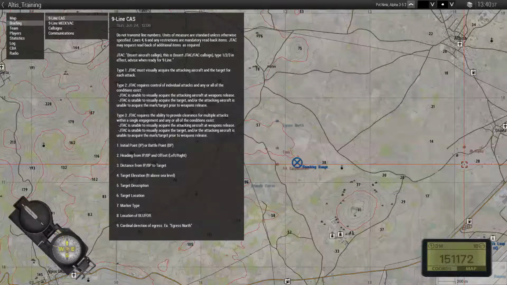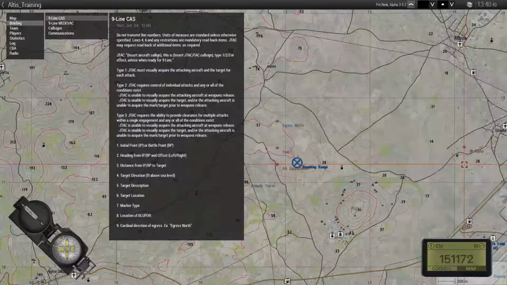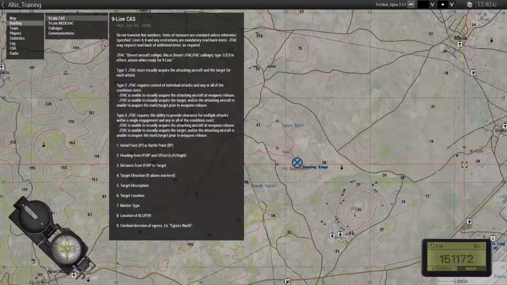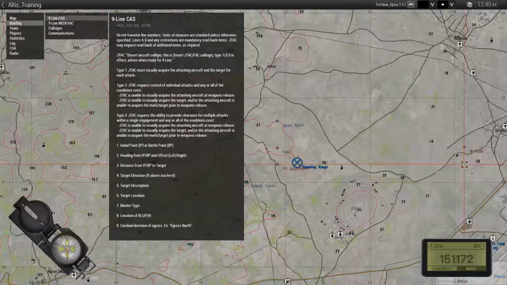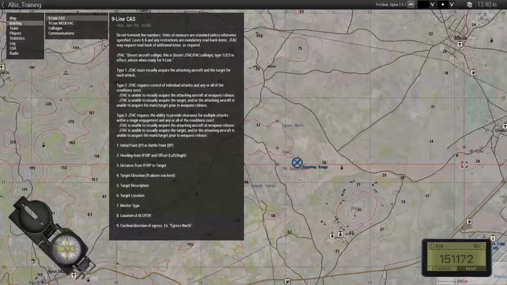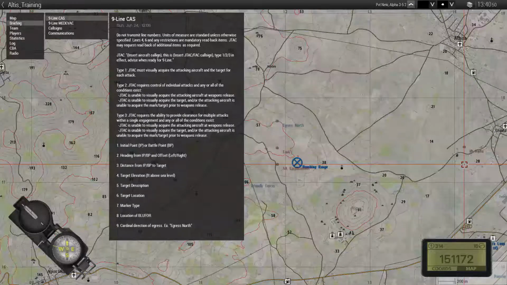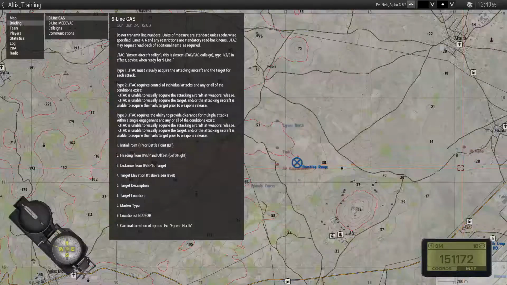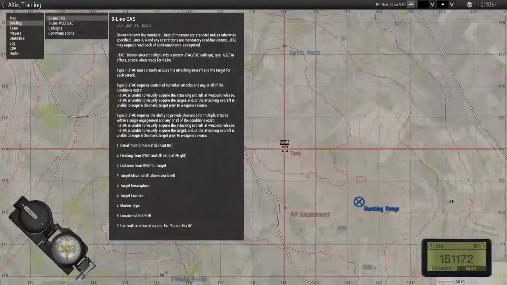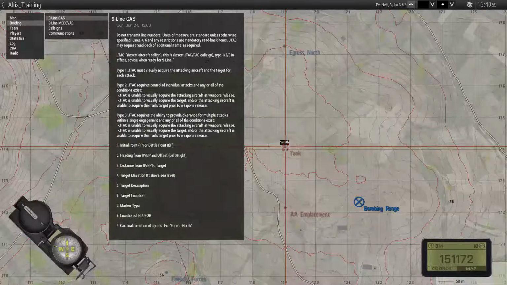You don't need to say T-72 with this color paint, all this other stuff. You don't need all that. And then target location is just the 6-digit grid, which in this case is going to be 119 or 17. Writing down. So you give them that.